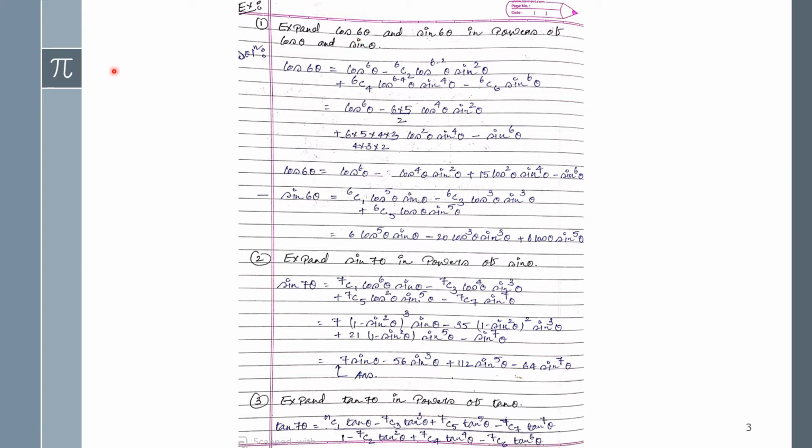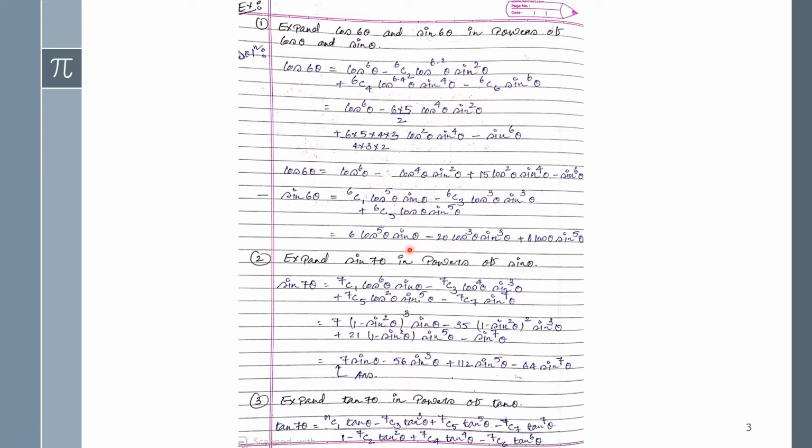So here you can see that first it's given the expansion that you have to find cos 6 theta. That will be based on the theory of cos n theta as well as sin n theta, and you can see the formulas for cos n theta that we have studied in the theory.